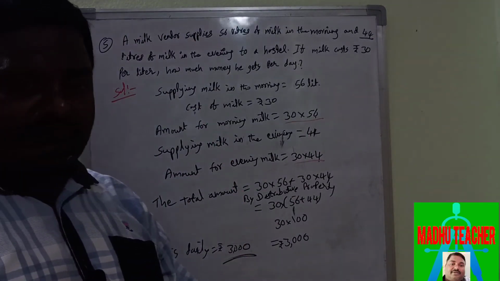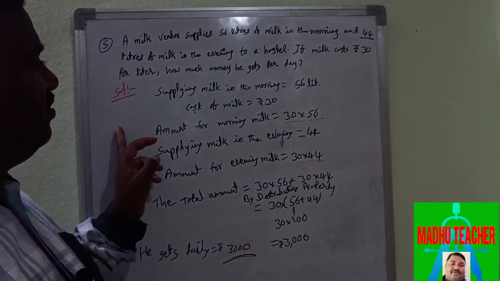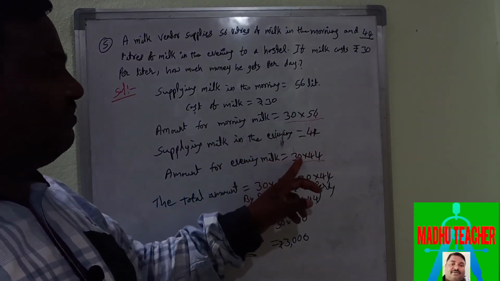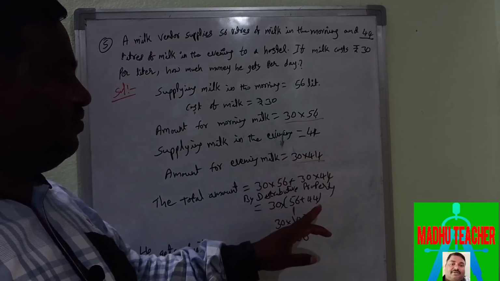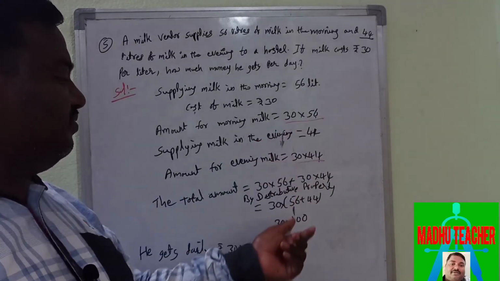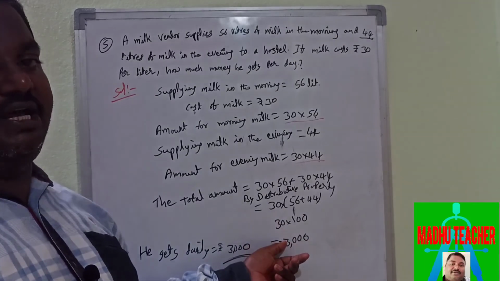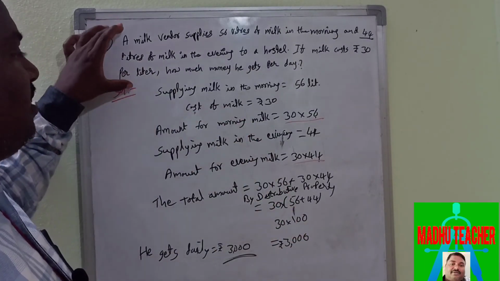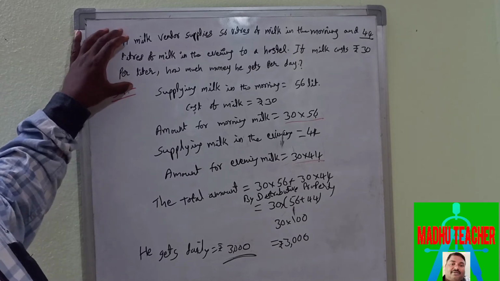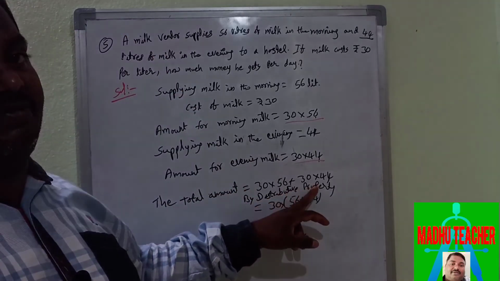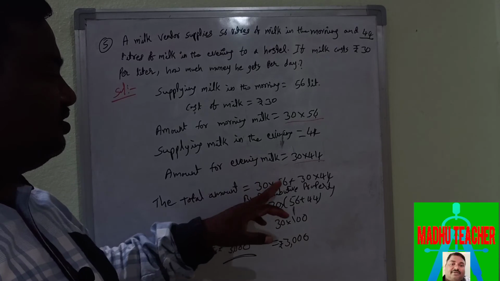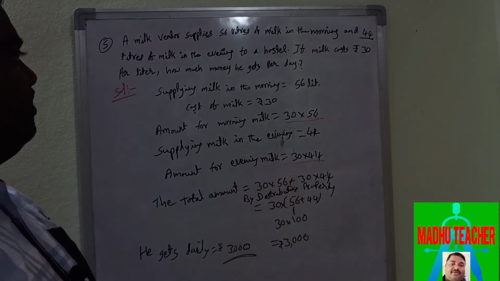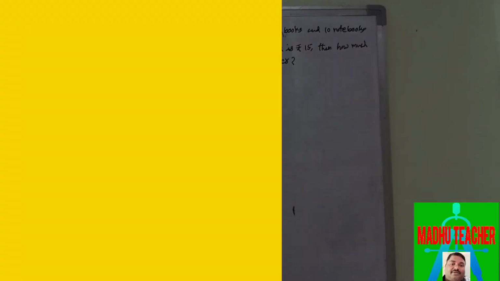Actually we can multiply here 56 into 30, then here 30 into 44, then we can add finally directly, but we are doing this problem by using properties. That's why we should use the property, then do the answer. Okay, let us see one more problem.